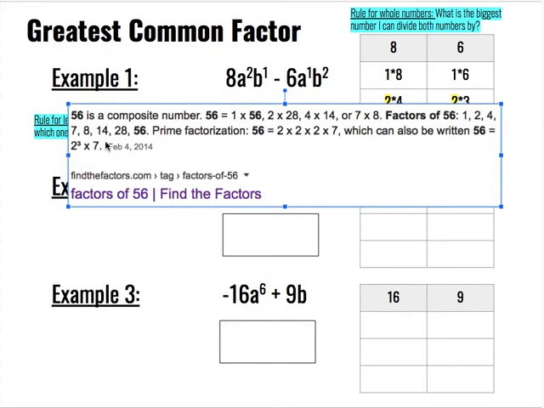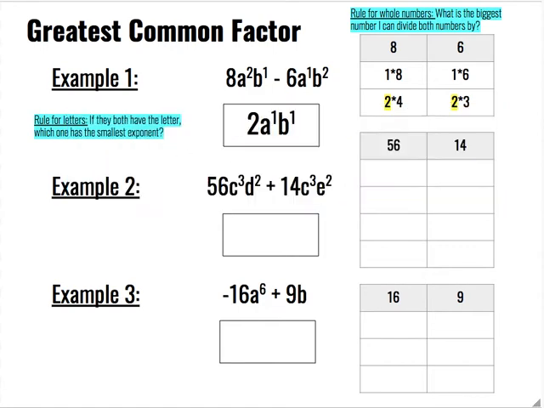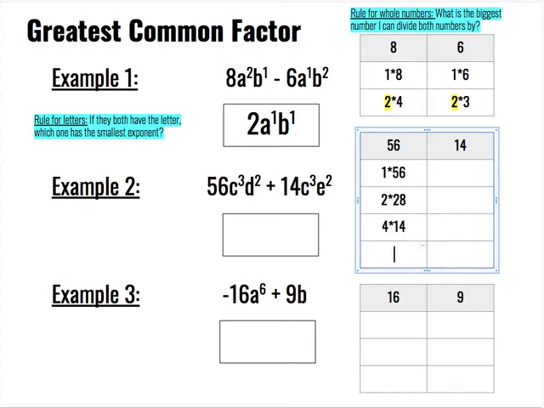It tells me right here that 56 is a composite number, and the numbers that multiply to 56 are 1 and 56, 2 times 28, 4 times 14, and 7 times 8. So you do not have to come up with that list on your own. All right, so let me write those down again. For 56, we got 1 times 56, 2 times 28, 4 times 14, and 7 times 8.